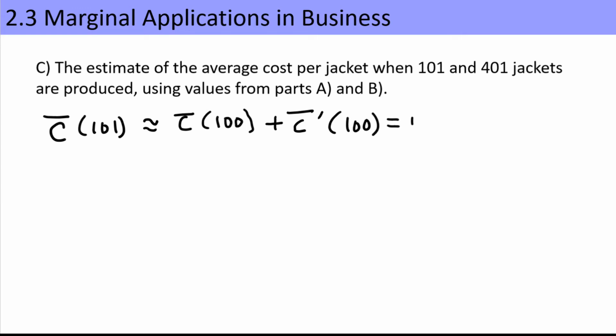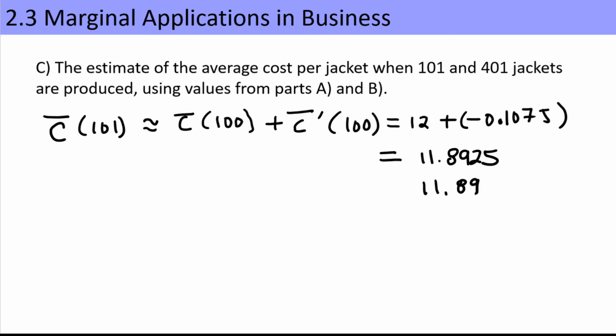So this would be 12 plus negative 0.1075, which gives us 11.8925. I would approximate that to say maybe $11.89.